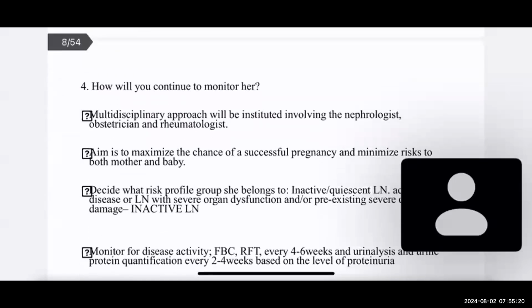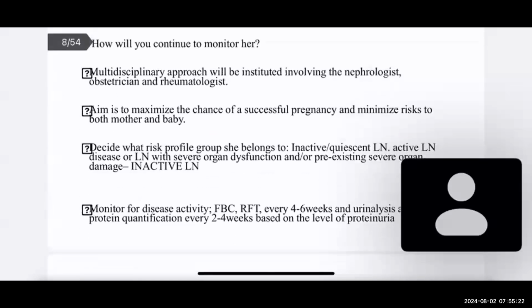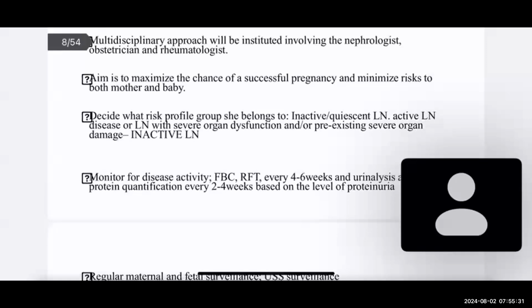The 4th question says, how would I continue to monitor her? A multidisciplinary approach will be instituted involving the nephrologist, obstetrician, and the rheumatologist. What I'll be aiming for is a chance of successful pregnancy and to minimize the risk to both the mother and the baby. Important for me is to be able to profile her based on the risk factors.